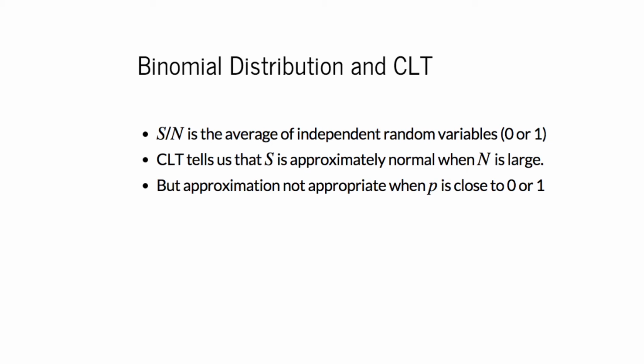But this approximation is not appropriate when p, the probability of success, is close to 0 or 1. When that happens, this brings up another distribution that we commonly use in the life sciences, which is the Poisson distribution. To motivate this, we're going to use the example of the lottery.